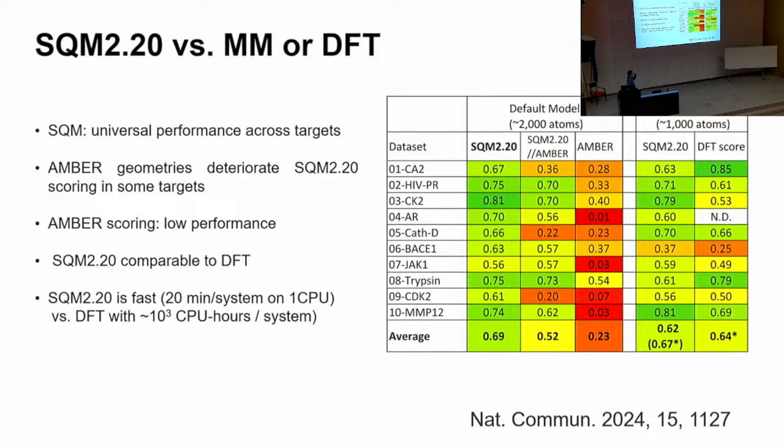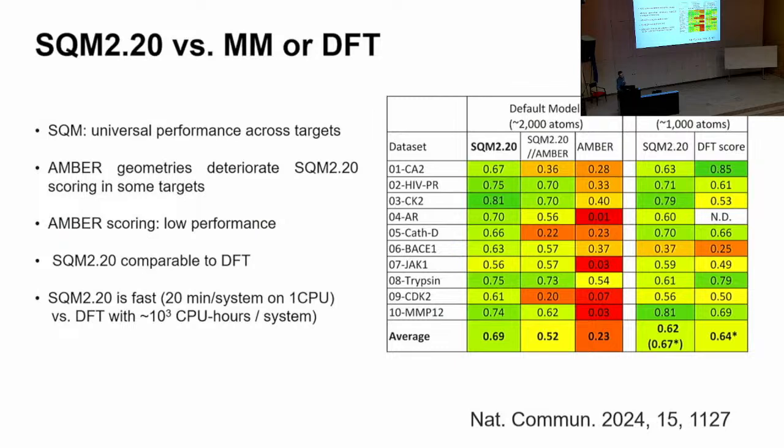And then when we wanted to compare to DFT as a quite advanced QM, we had to trim down our system from 2,000 atoms to 1,000. So we recalculated SQM 2.20 again. It deteriorated slightly, but not very dramatically. And DFT gave pretty similar results, which was for us quite good to see.